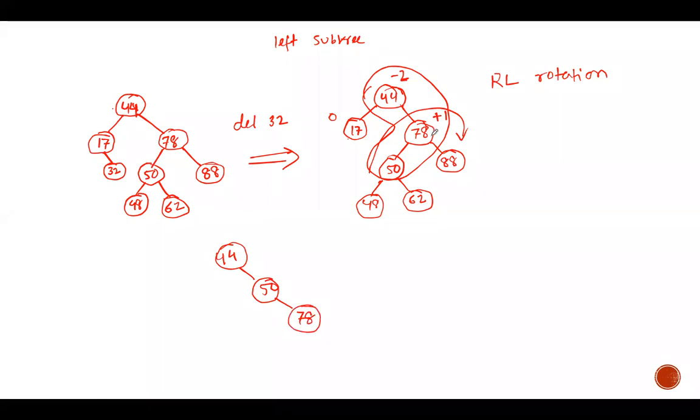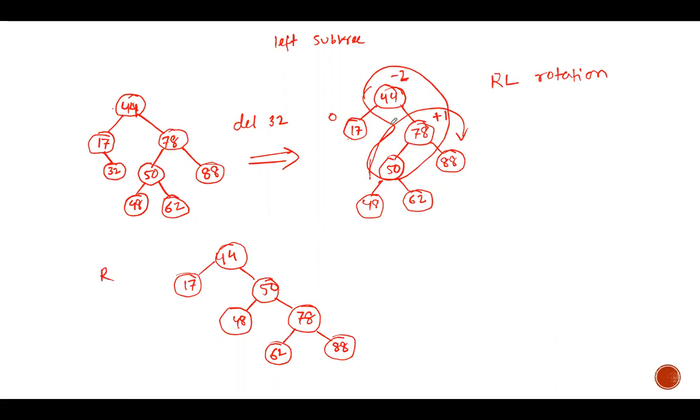Now when 78 becomes the child, 88 is its own child. 78 becomes the right child of 50, so 50 already has a right child, so this right child 62 will become the left child of 78. Okay, and 50 has 48 and 44 has 17. Okay, that's the first rotation.